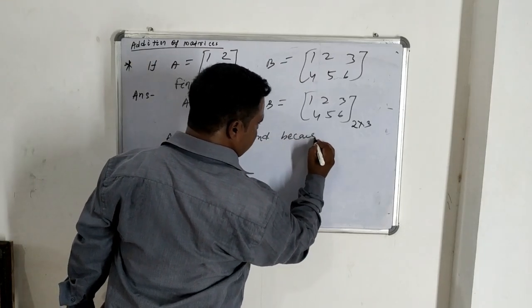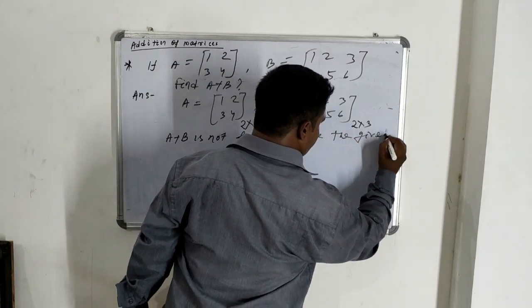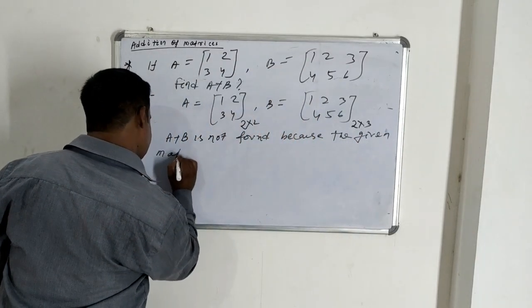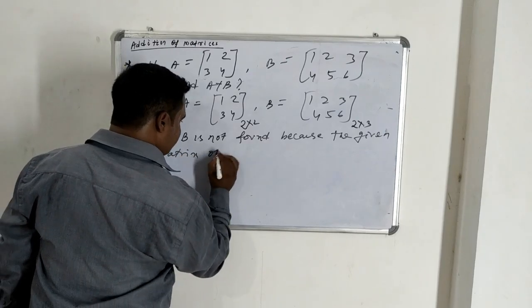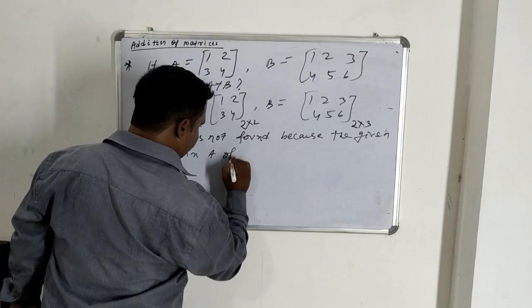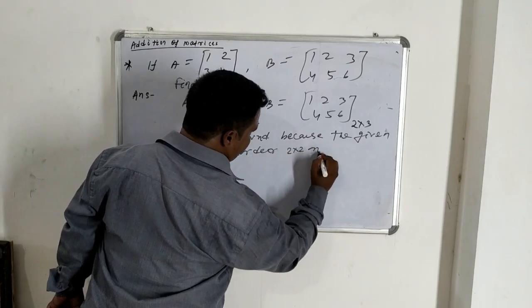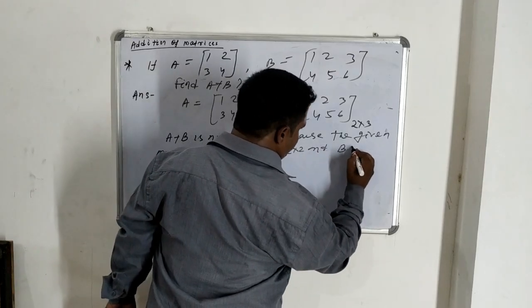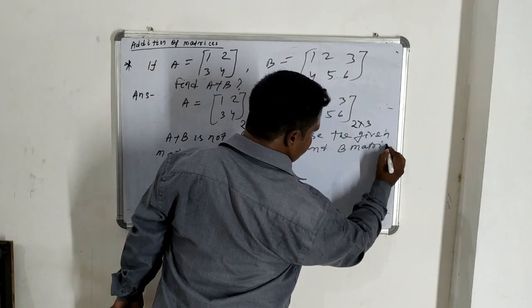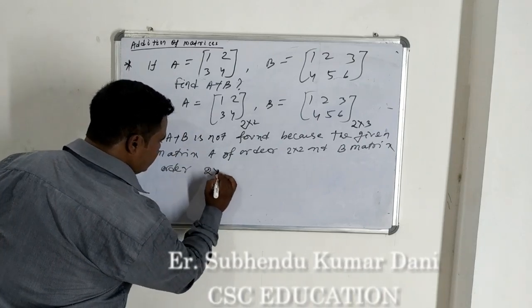So A plus B is not possible, because the given matrix A is of order 2 by 2 and matrix B is of order 2 by 3.